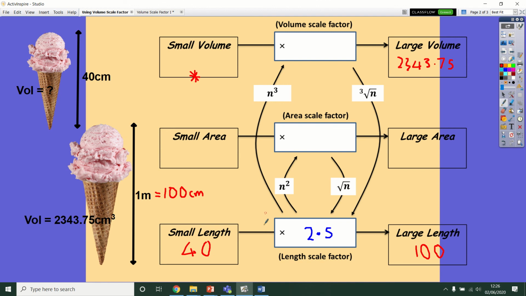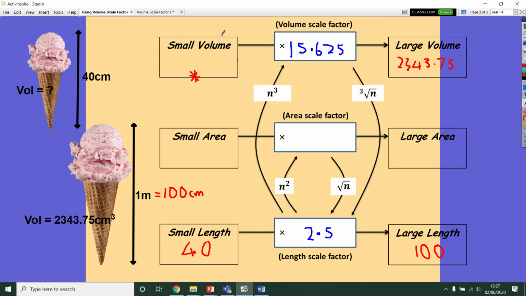Similar to before, we've worked out this length scale factor. I can cube it to get up to the top, and 2.5 cubed gives you 15.625. This is the number we want. I've got the scale factor and the larger volume. To get the number at the beginning, you can divide.